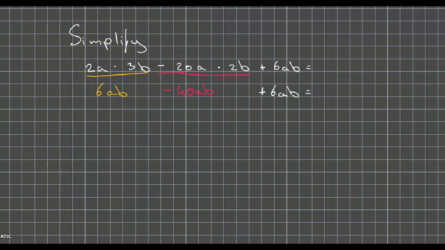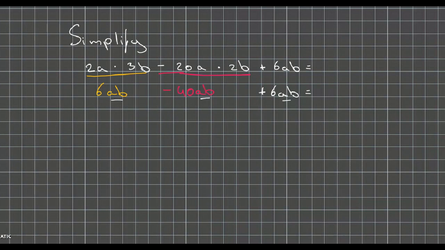We have no more multiplications in our equation, so we go for subtracting and adding. And what do we have to look for when we subtract or add? Like terms. Okay, so we have 6ab minus 40ab plus 6ab.